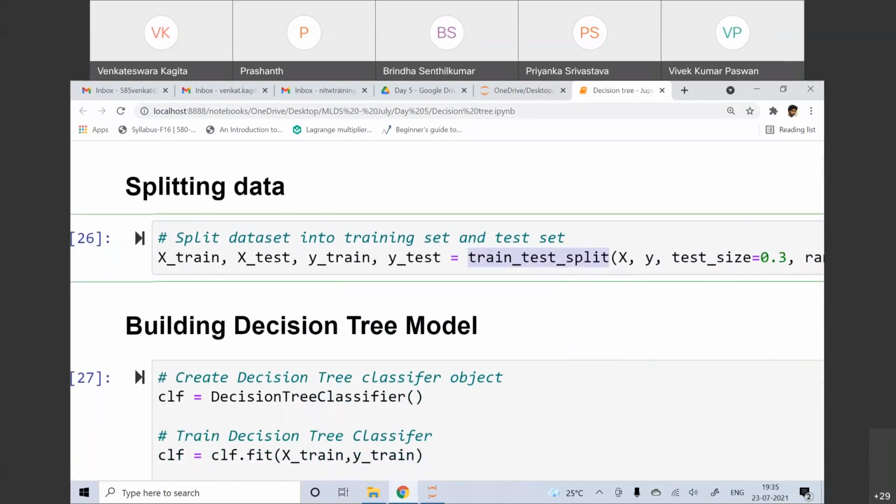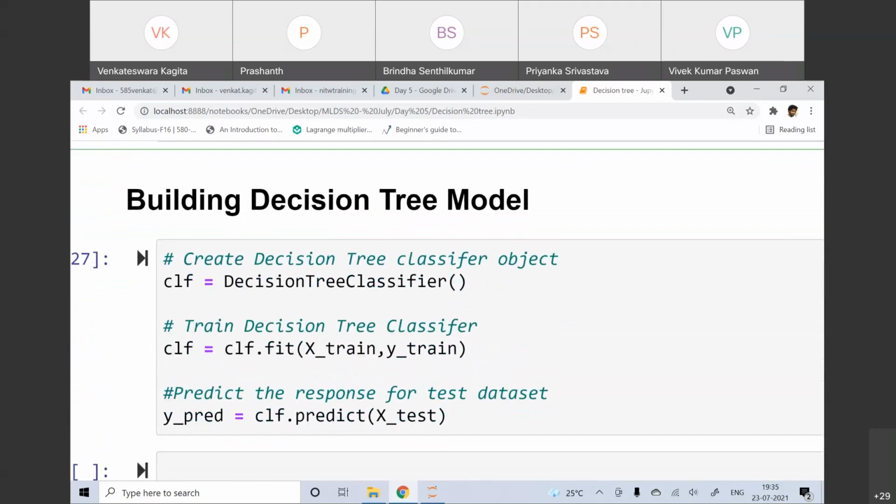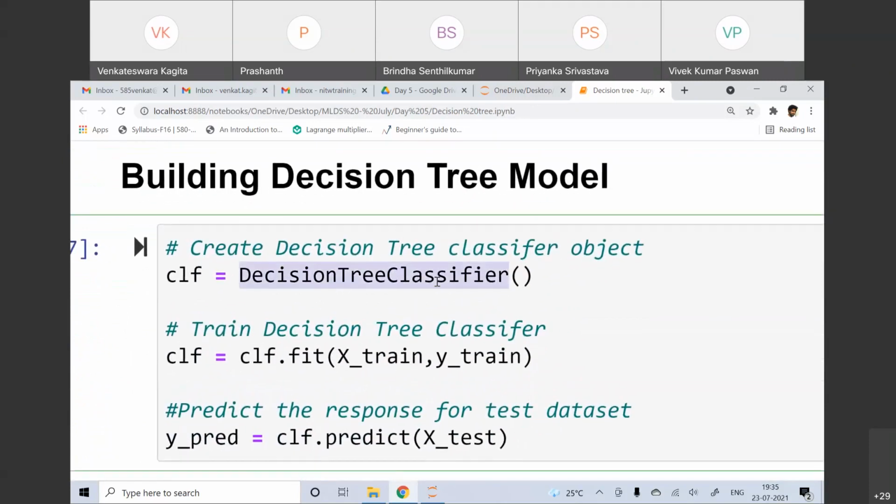So this is building the decision tree model. The pattern is the same. I'm calling the decision tree classifier. This is the model. Once I get the model, I have to fit it to the training data, so I call the fit function and build a model using this training data.